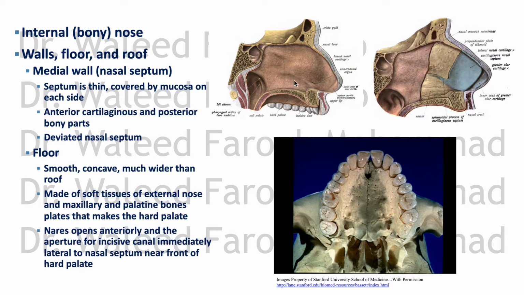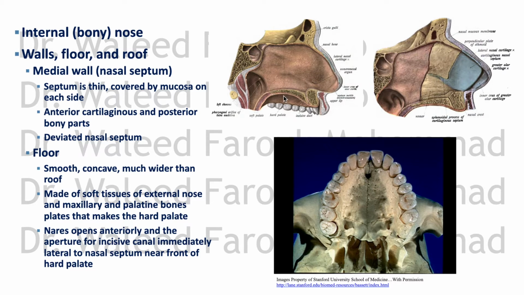This is the medial wall. The floor, from the inside of the nose, is smooth. It's made by the maxillary bones and the palatine bones, which means that it's the hard palate. So the hard palate is the floor of the nose.